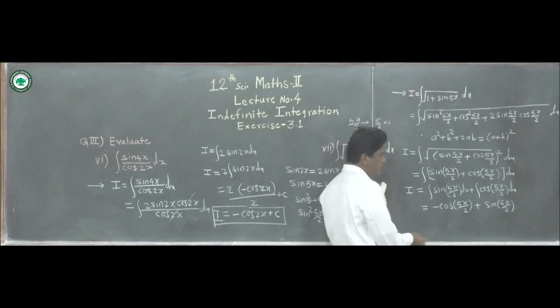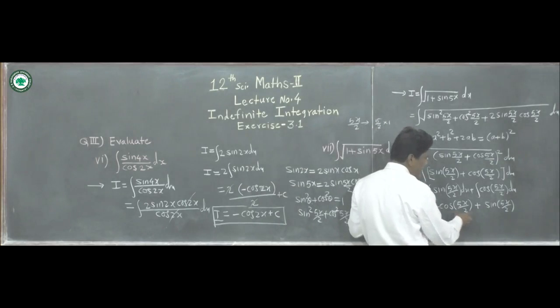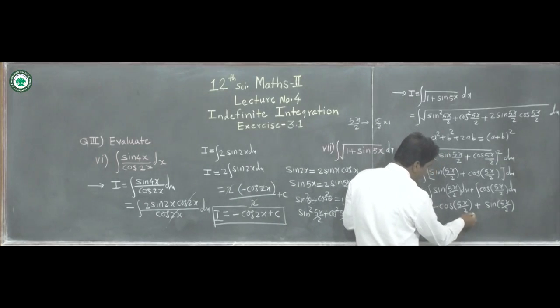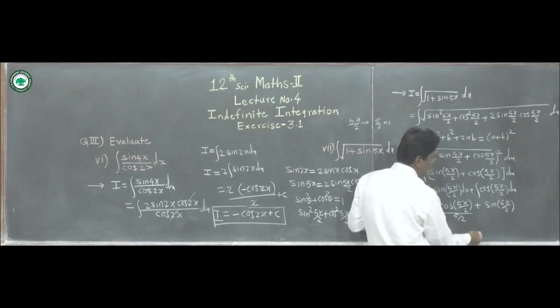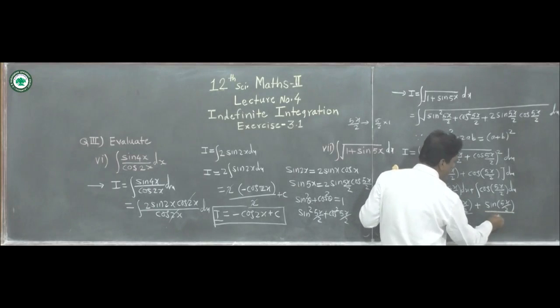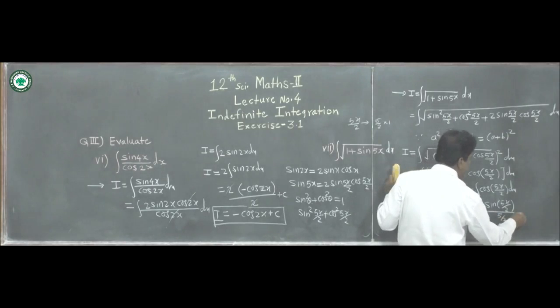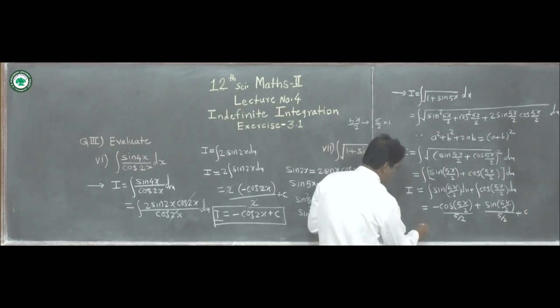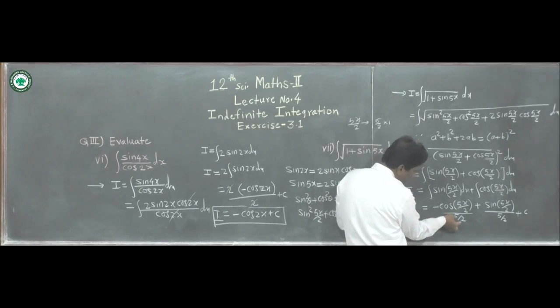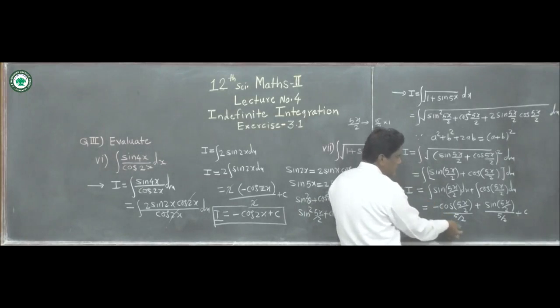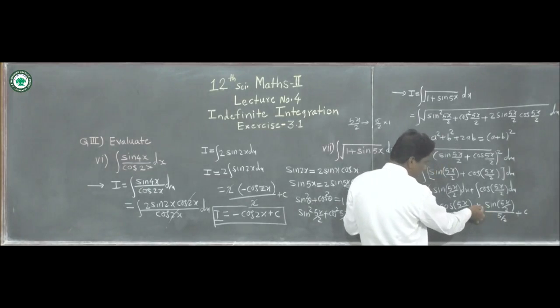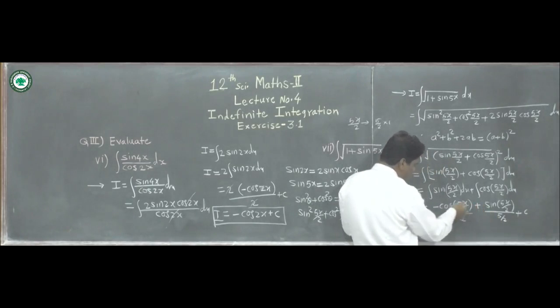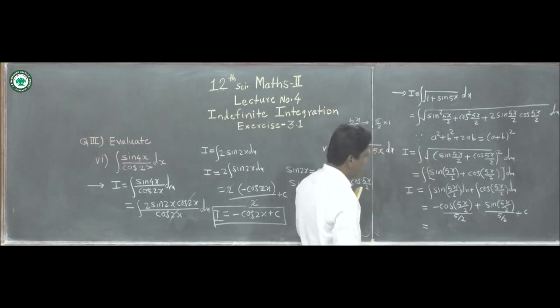So divide this term and also this term by that π by 2, and we get upon π divided by 2 here, also upon π divided by 2, and then plus the constant of integration c. Therefore we write this π by 2 as 2 upon π, here also, and then take that 2 upon π common.